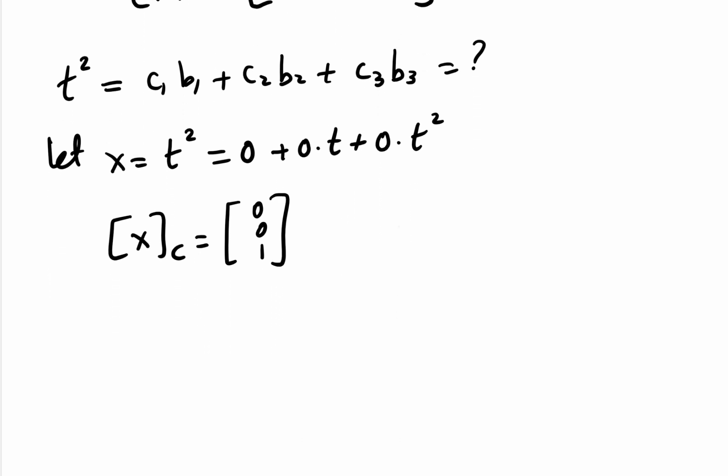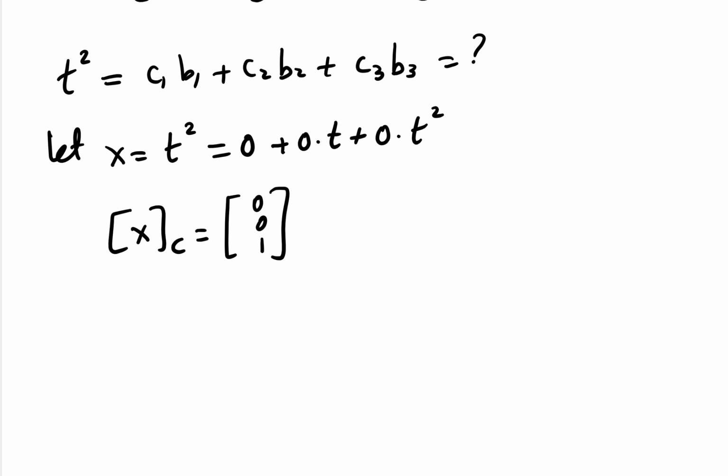Then what's next? We take the matrix from B to C. Notice this should be 1t squared. What I'm trying to do here is find x in the basis B. What is x in the basis B?